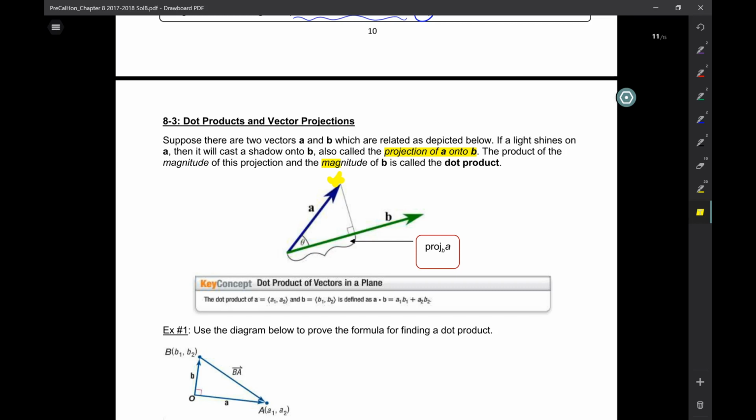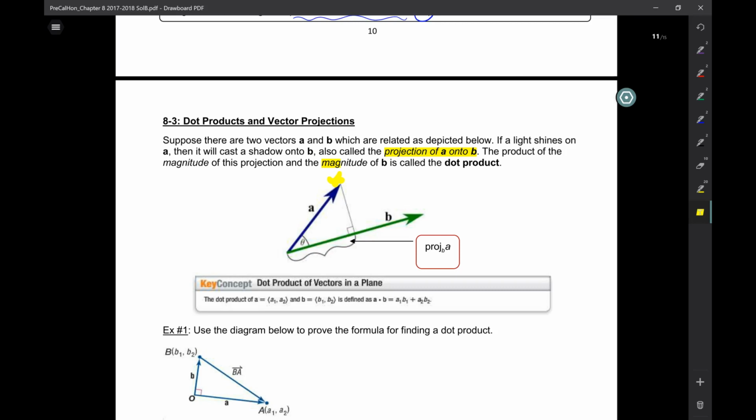Now, when we take the length of that projection, so just the length, that's a scalar, just a number. When we take the length of that projection and multiply it with the length of vector B, what we get is something called the dot product.